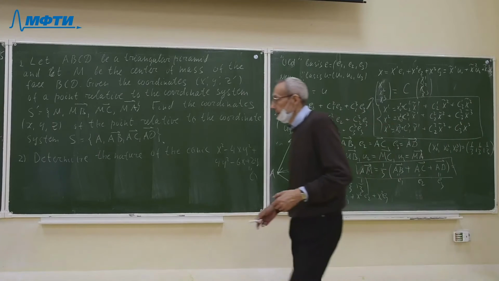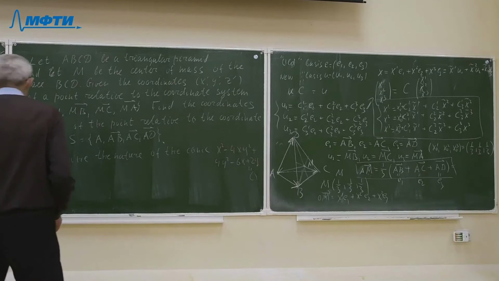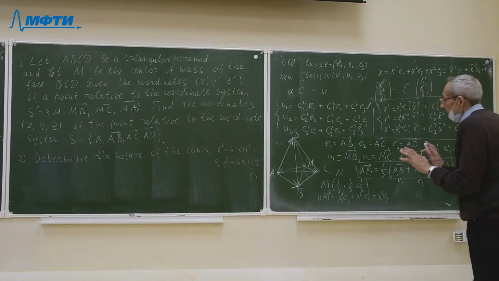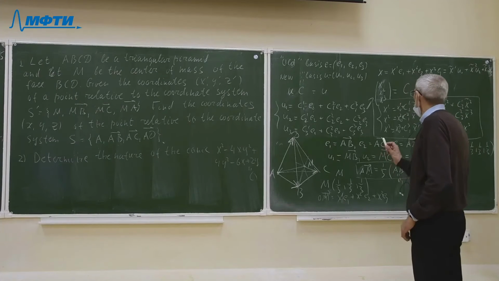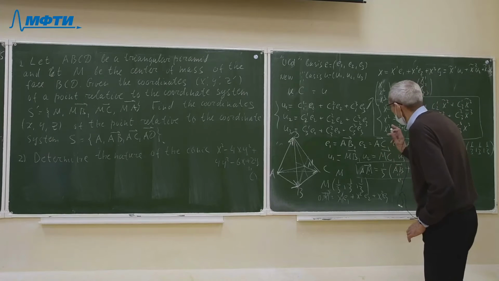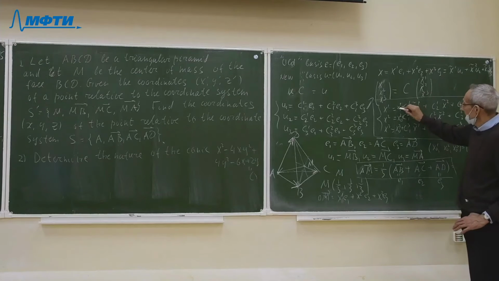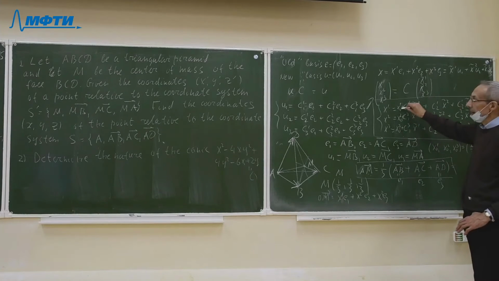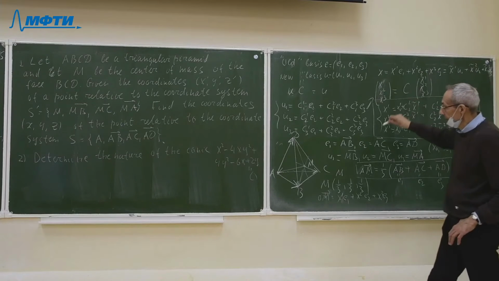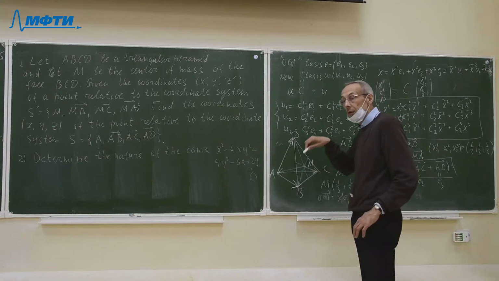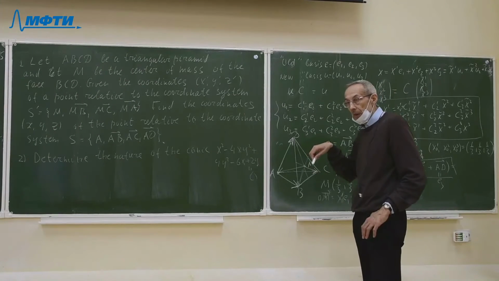This fact reflects the whole system of notions. In this formula, these coordinates are exactly the coordinates of the origin of the new coordinate system in the old coordinate system.